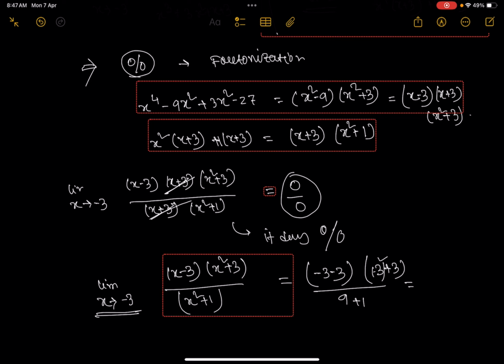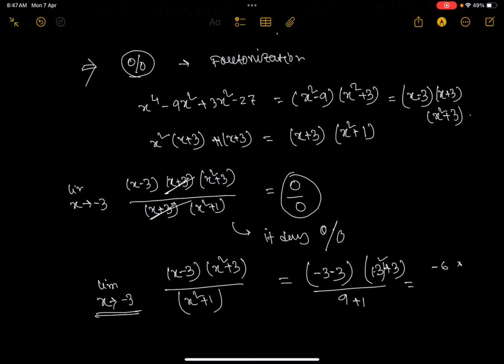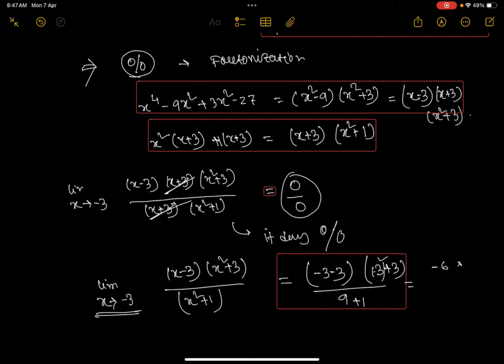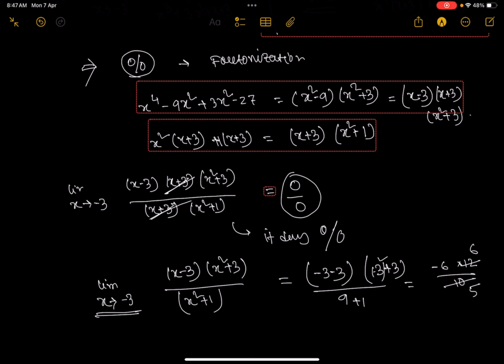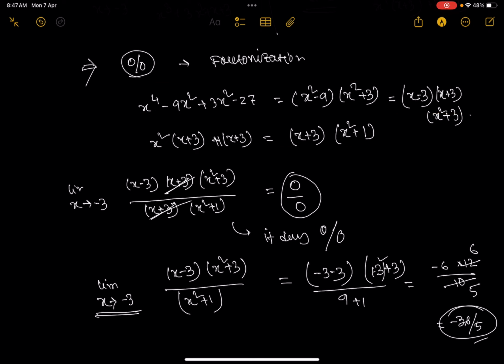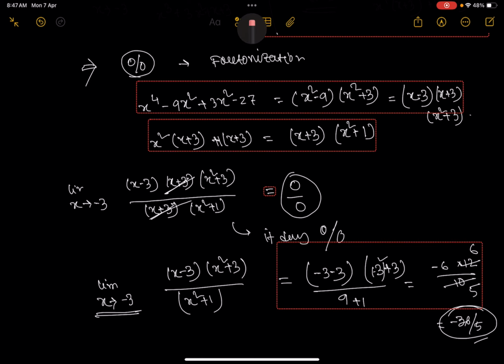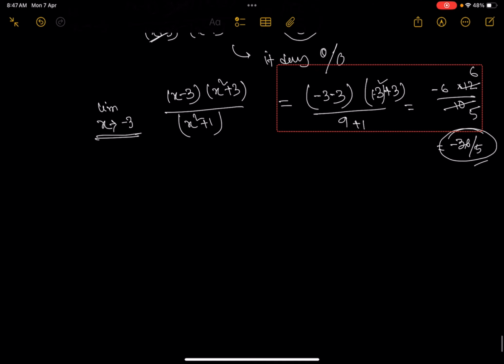So this is minus 6 into 9 plus 3, 12, and the denominator is 10. Dividing by 2, this is minus 36 by 5. This is the final answer. For solving limit problems, you should remember this: if it does not take any indeterminate form, then directly put the value, and this is the final answer of the limit.